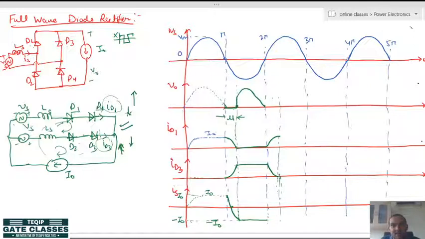So, in this case again a shorting situation happens, hence the output voltage is again 0. When the output voltage is 0, you can see the source current will go from negative to positive like this. It is an exponential curve.